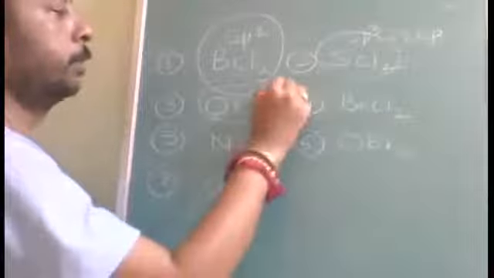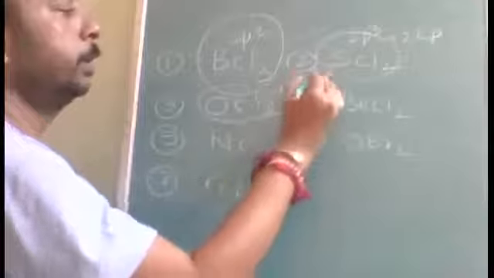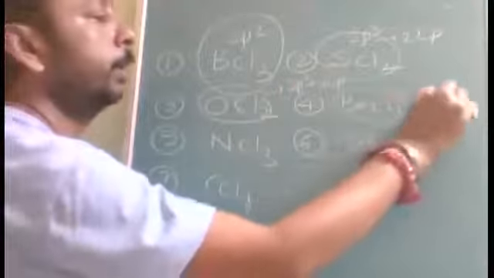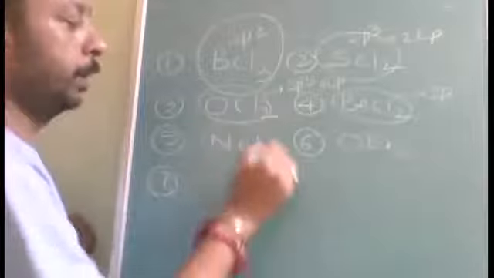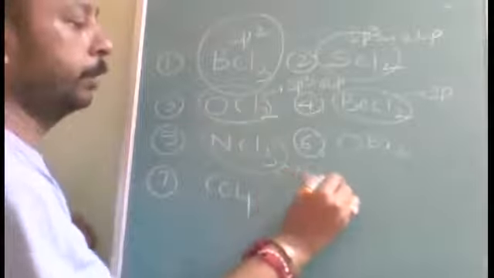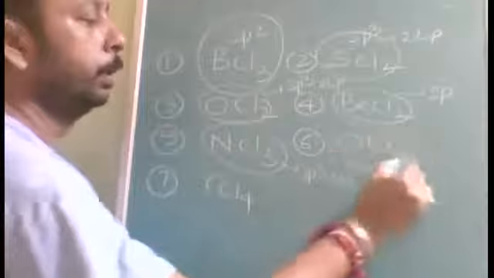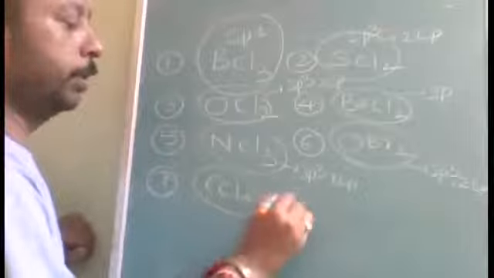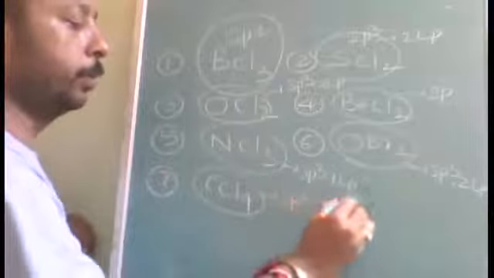Here also sp3 with two lone pairs. Here sp hybridization. Here sp3 with one lone pair. Here sp3 with two lone pairs. Here sp3 with zero lone pairs.